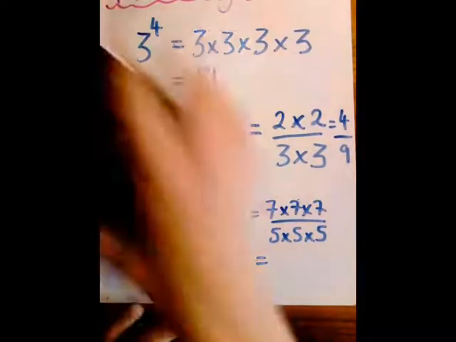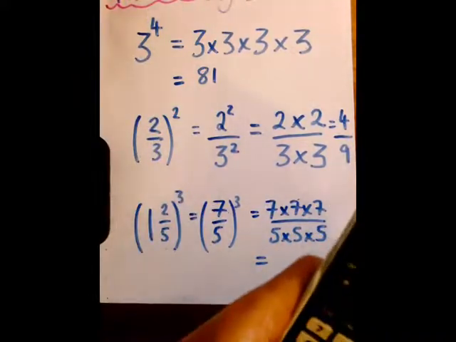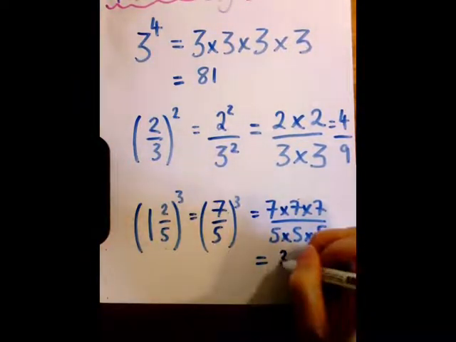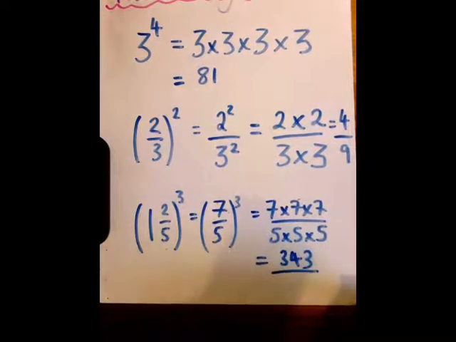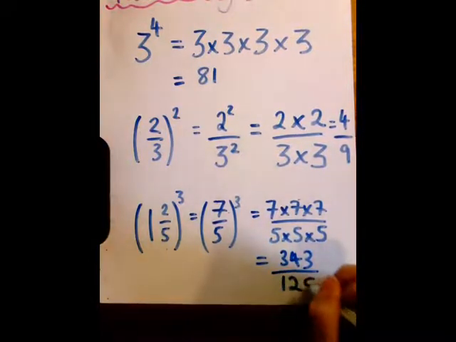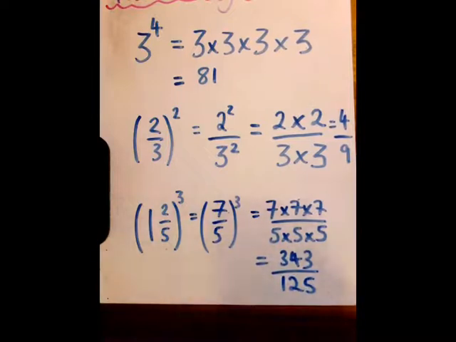For this one, just use the calculator to do the 7 cubed, which is 343, and the 5 cubed might be one that you're more familiar with. That's 125.